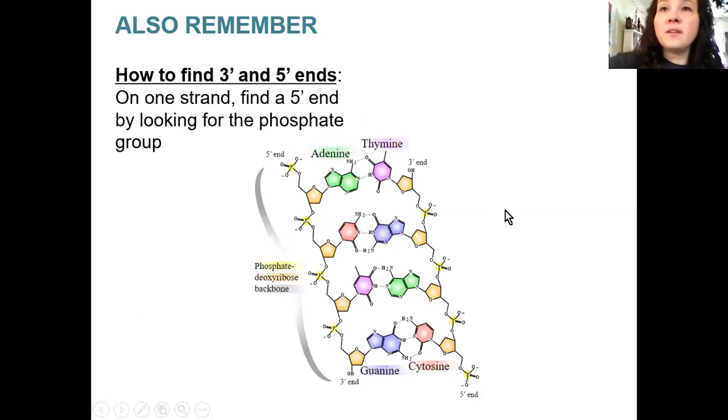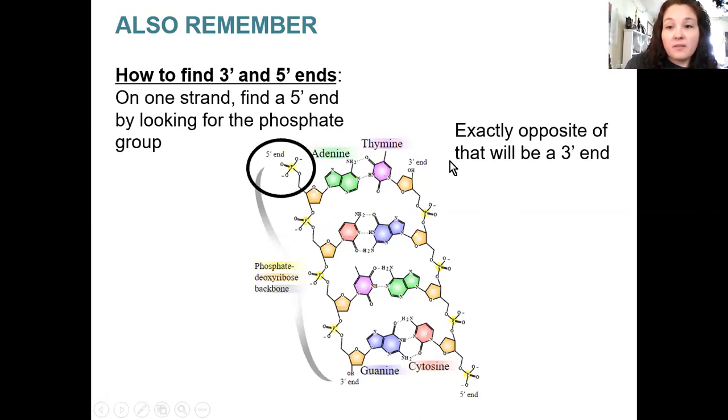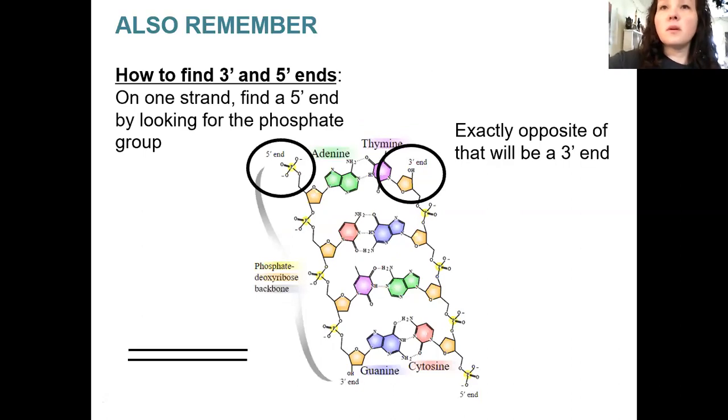Here's how to find the 3' and the 5' ends. On one strand, you find a 5' by looking for the phosphate group, and then on the exact opposite side, there is going to be a 3' end right there. Sometimes we write DNA like this, where we're just writing 2 simple strands, and you can always just choose and then label the 3' and the 5' ends by writing them opposite of one another.